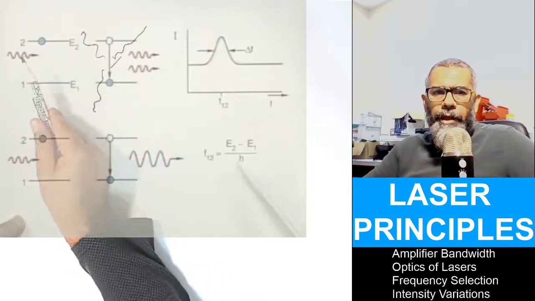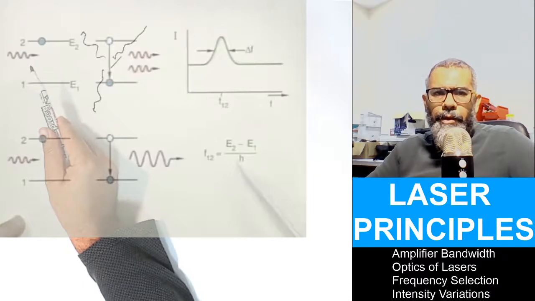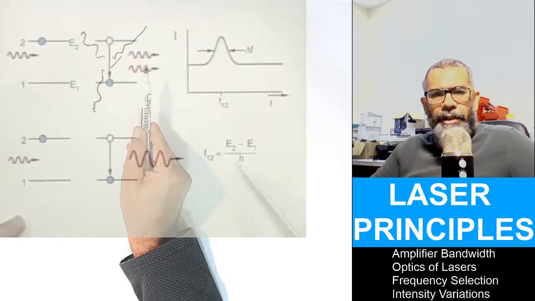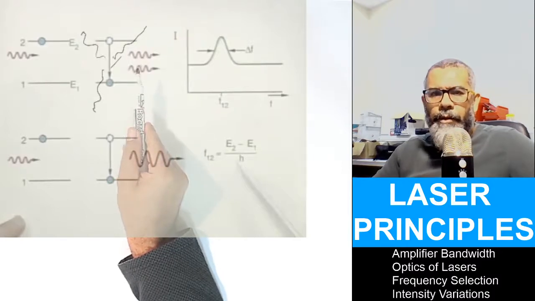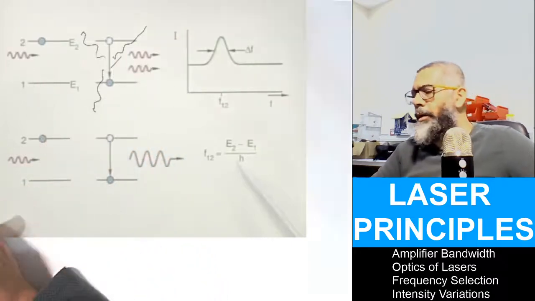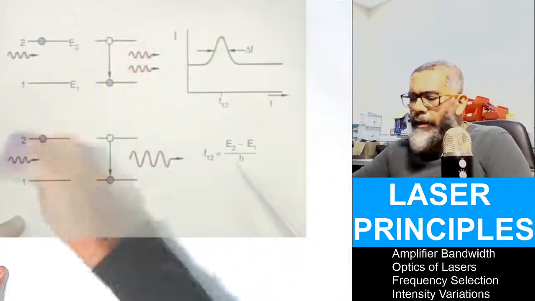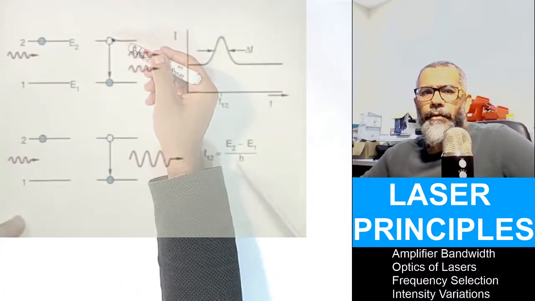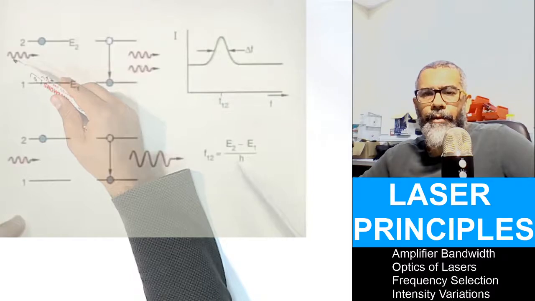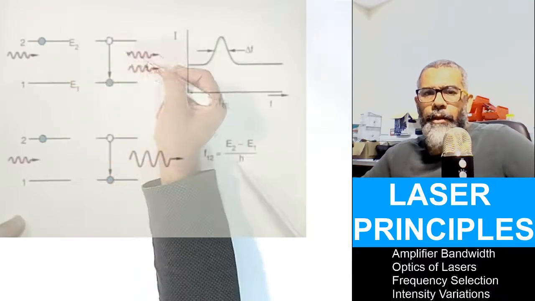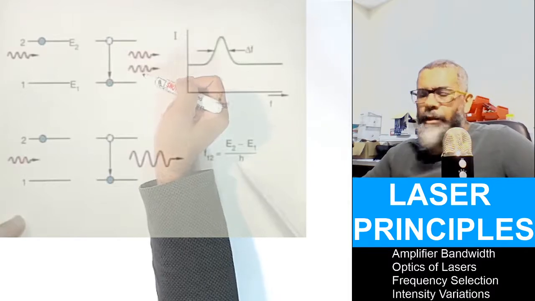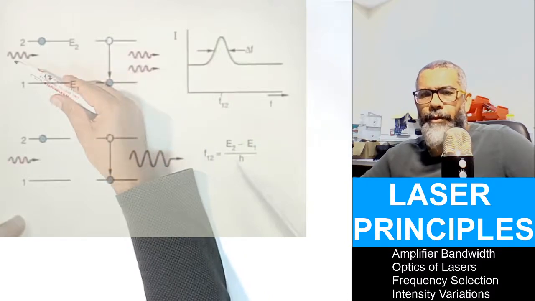If there is an incoming photon right at the resonant frequency, the produced photon cannot go randomly in any direction. It will go in the same direction as the incoming photon, the resonant photon. There is also a subtlety here: if this electron goes down with the help of the resonant photon, then the produced photon will always go in the same direction as the exciting photon.